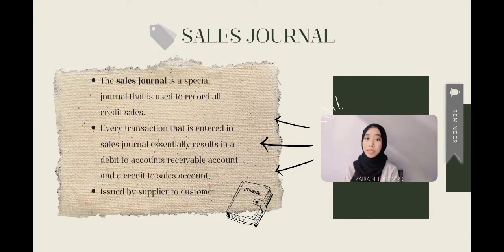Here, the term sales refers to the sale of only those goods or merchandise in which the business normally deals, not the sale of used or outdated assets such as old plant, machinery, equipment, and newspapers. Okay, so I will give you guys an example.